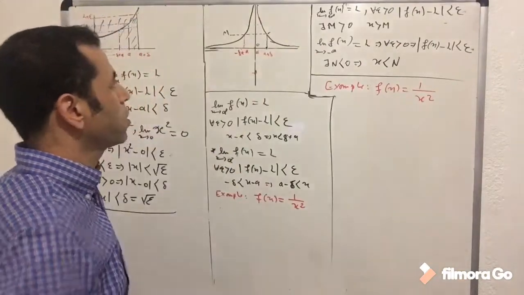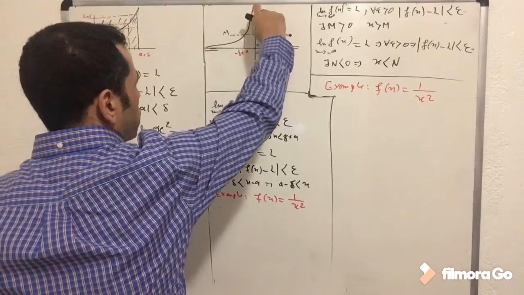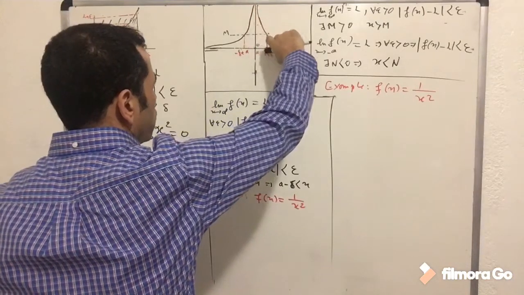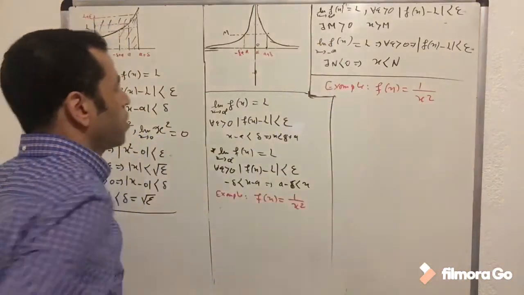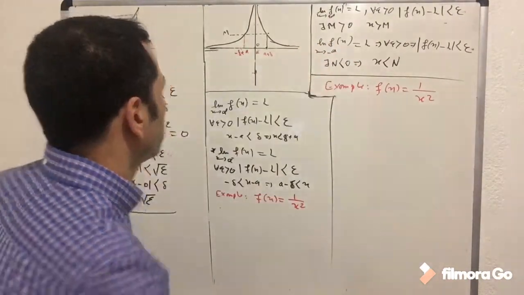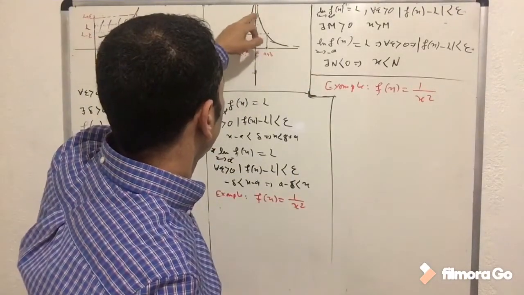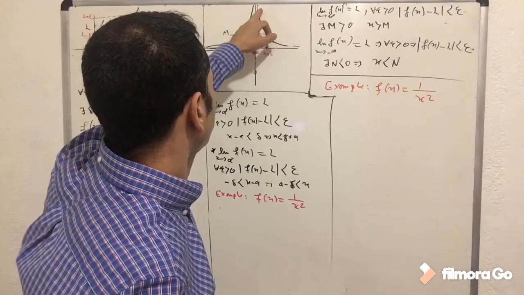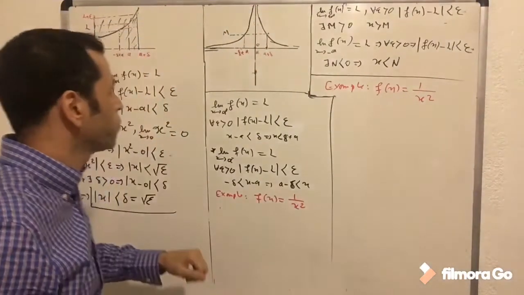On the right hand side of this function, the function keeps coming down, is decreasing, until it goes to 0 at infinity. At the point 0 it is not continuous from both sides, from the left hand side and the right hand side.